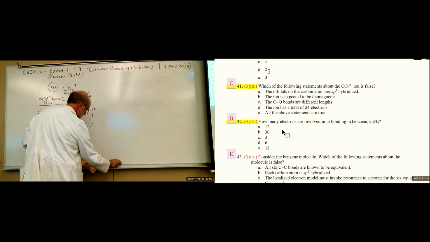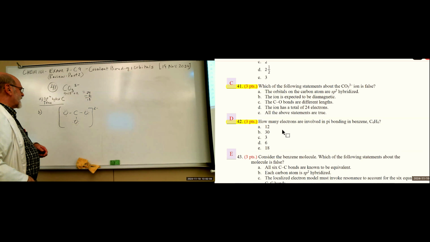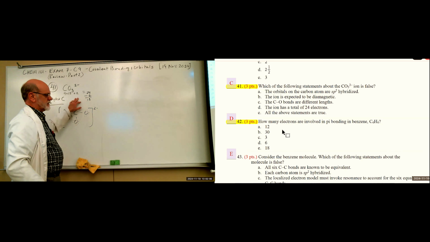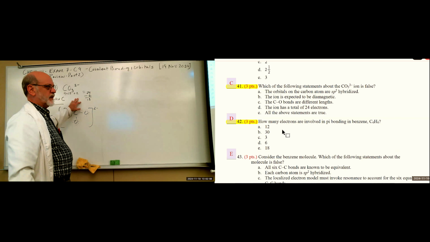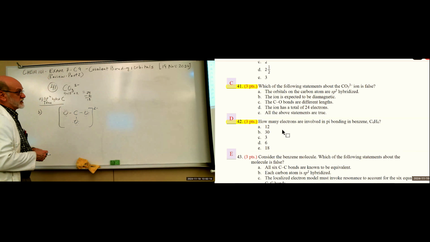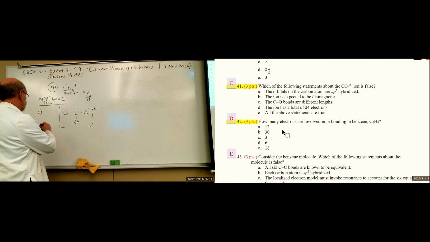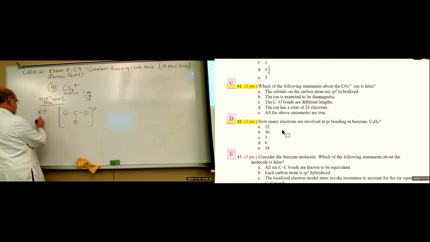Also, you can't say because it's even numbered, because if it's even numbered, you could still have unpaired electrons in the pi orbitals. Right, so we just have to assume that based upon VSEPR, it's expected to be diamagnetic.